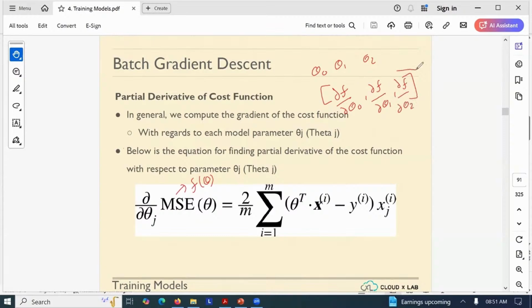So we need to compute this vector if we have three theta values.